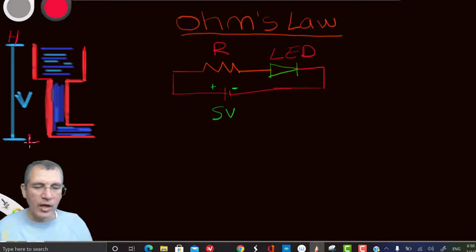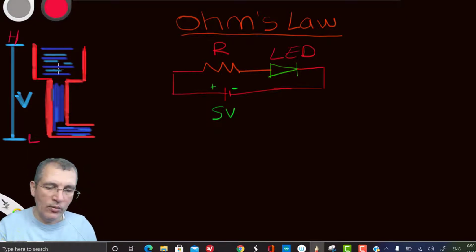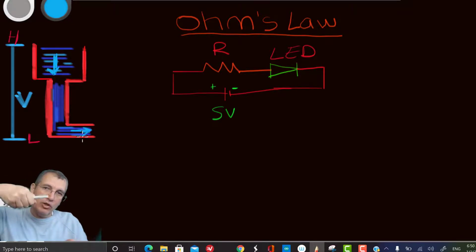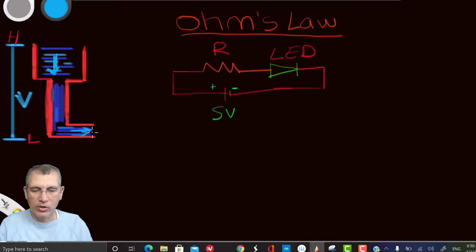This height is what makes the water flow through here. It's this pressure that makes the water flow from top to bottom. Because of that height, water is going to be pressured and come down this tube right here.